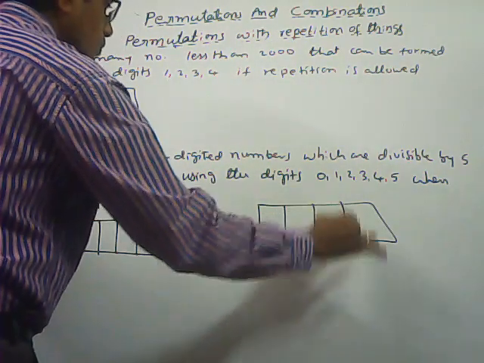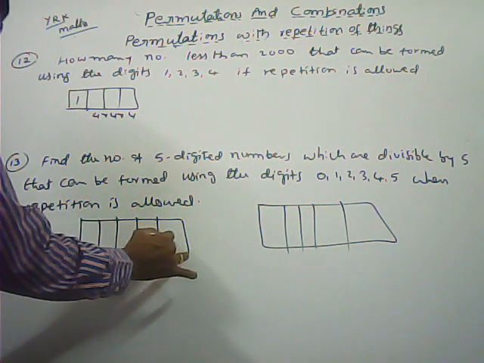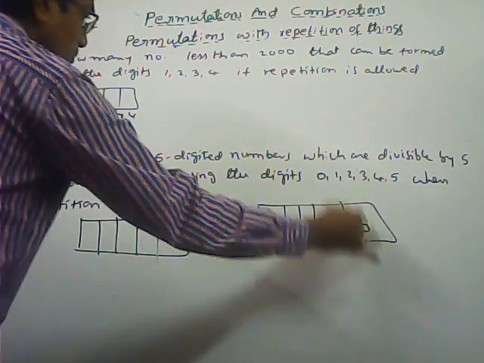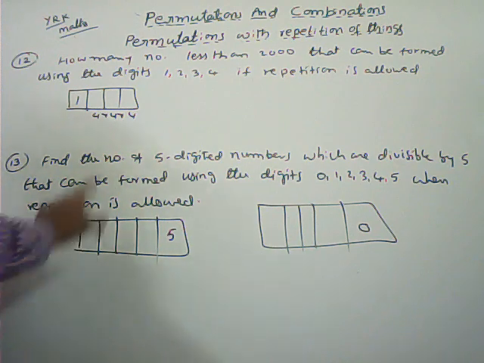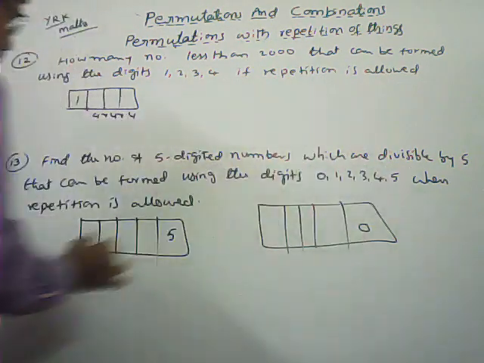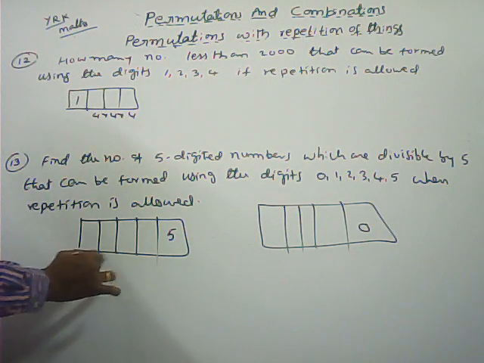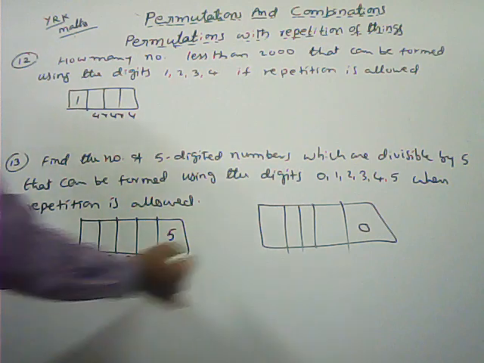Now, units digit should be either 5 or 0. If it is divisible by 5, units digit should be either 0 or 5. So here we can't keep 0 in the first place. 1, 2, 3, 4, 5. Here 5 ways are there. Here 6 ways are there. Here 6 ways, here also 6 ways.